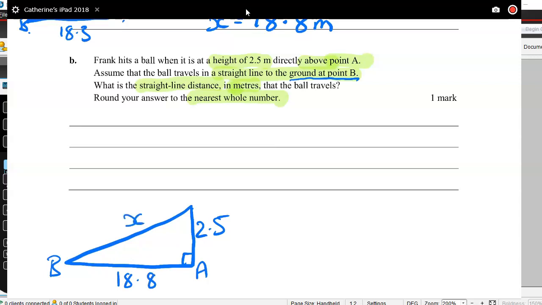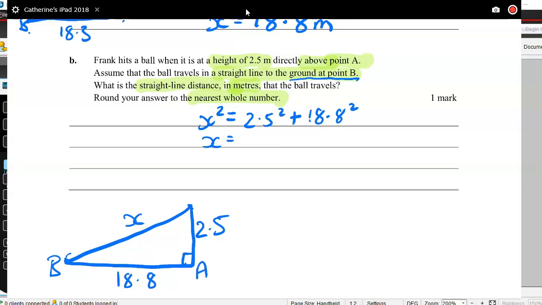So I need to figure that out, because the ball travels from that height down to there. Okay, so again, x squared equals 2.5 squared plus 18.8 squared.